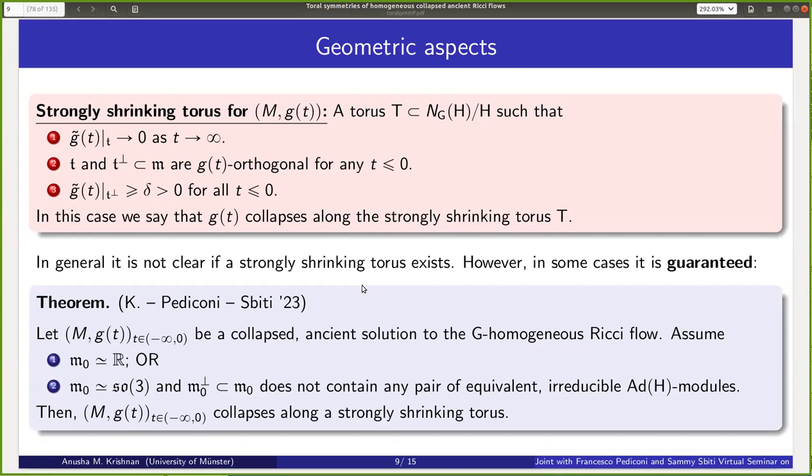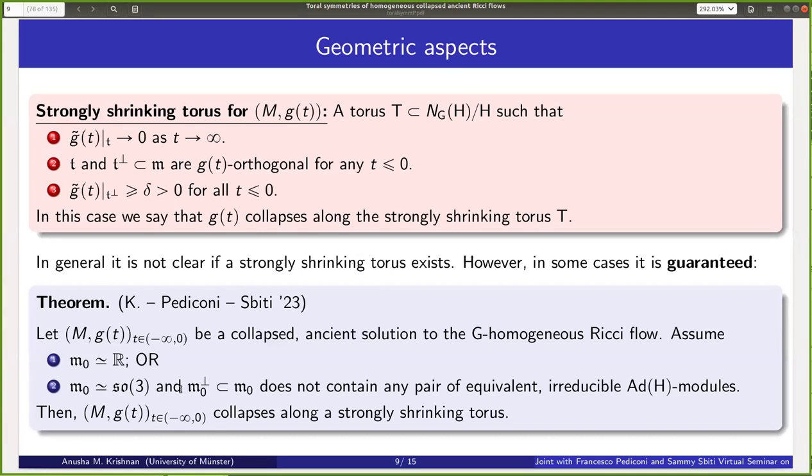Okay, so what does this say? If we have a collapsed ancient solution to the G homogeneous Ricci flow, and we are in one of these two cases, either the trivial module is just R, or the trivial module is isomorphic to SO3. So notice these are both the cases where the trivial module has rank 1.